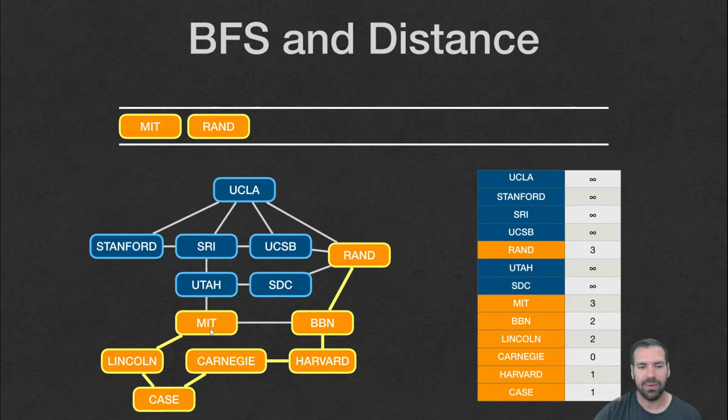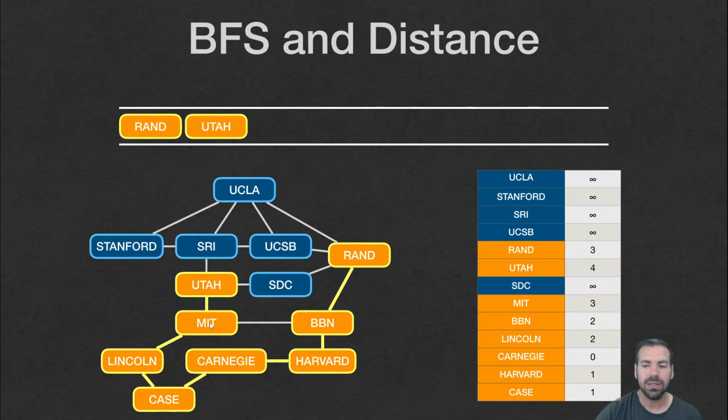So that means when we dequeue MIT and find Utah, since MIT has distance 3, we know that we've already visited the neighbors of every node of distance 2, 1, and 0, any distance less than the node that we're visiting now. And MIT just found Utah, so there's an edge between MIT and Utah.